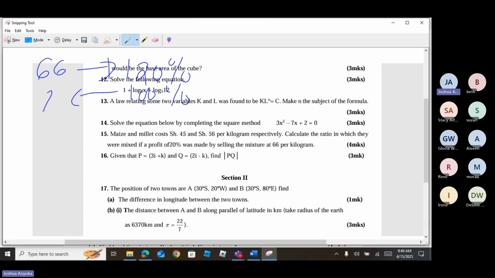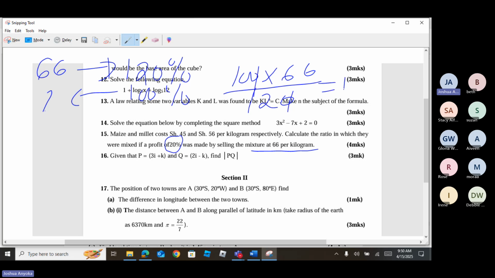Because clearly from the equation, 66 shillings per kilogram has a factor of 20%. But to get the cost of the mixture, which is 100%, we need a price for the mixture. So this is 100 times 66 divided by 120.